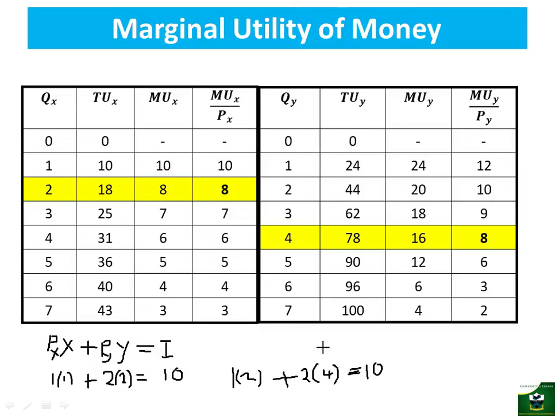Therefore, we can conclude that in this case, consumer's equilibrium occurs where the ratio of the marginal utility of X to its price is 8, and the ratio of the marginal utility of Y to its price is 8. And corresponding to these ratios, the quantity of X consumed is 2, and the quantity of Y consumed is 4.